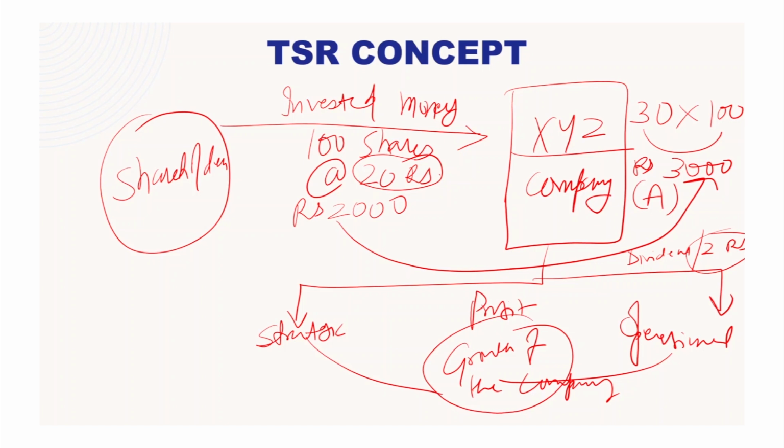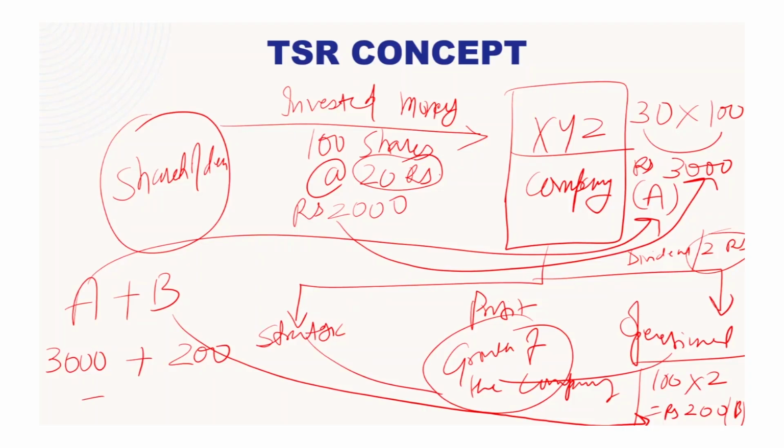So, how much will you be earning? You have purchased 100 shares, and the dividend per share you will be getting is rupees 2. So it will be rupees 200. This is your part B. So, overall what is shareholders return?